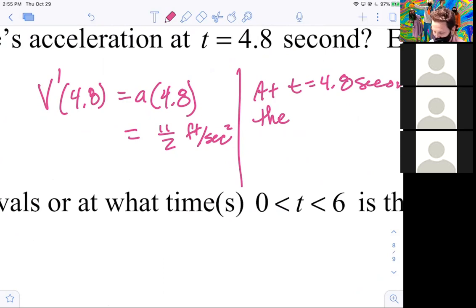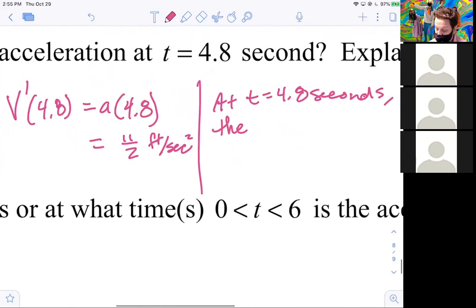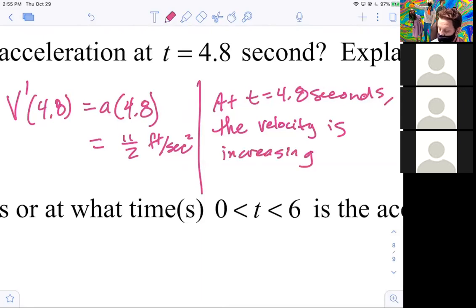Tunnel vision. Okay. So at t equals 4 seconds, the velocity, it says to describe what the velocity is doing, is whatting? Increasing, right? It's a positive value. So the velocity is increasing by, and now we've got to be careful here, 11/2 feet per second, right?